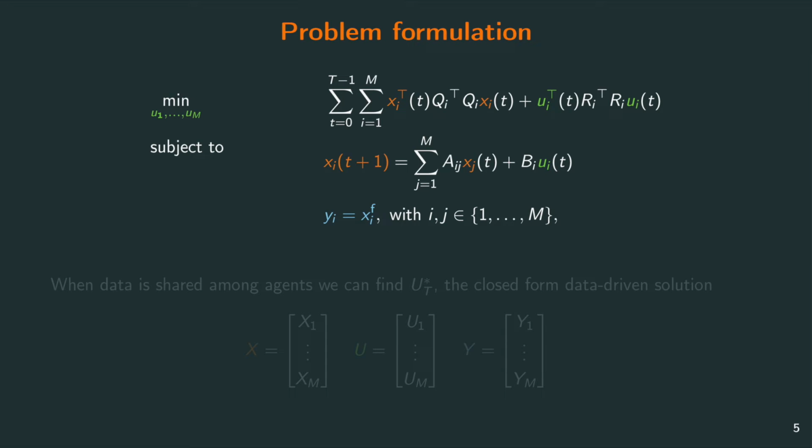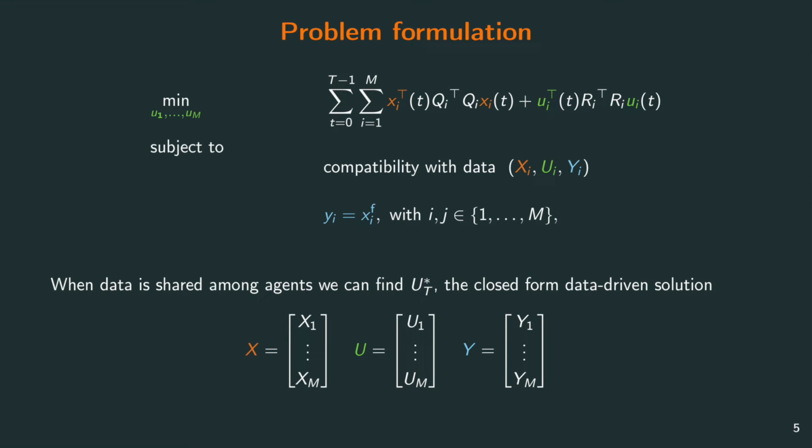Ultimately, what we wish to find is a control action which globally minimizes a quadratic cost function in the states X and inputs U, compatible with the system dynamics, and constrained to drive each subsystem to a desired final state X of F, which we can see highlighted in blue. Once again, however, we can't use a model of our system dynamics, and in place of that, we will instead use the data that we previously gathered.